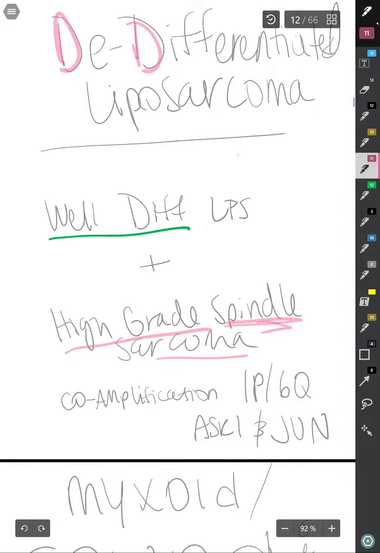This is associated with a 1P 6Q, and I don't know how high yield this is. The 1P associated with ASK1, and then 6Q is with this JUN, so I like to think of it as June, which is the 6th month. So that's how I remember that.